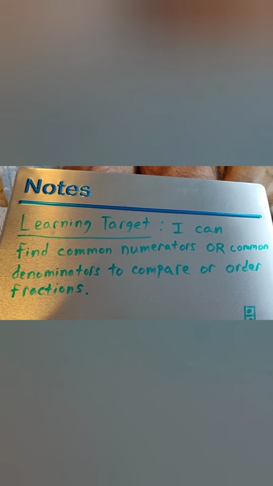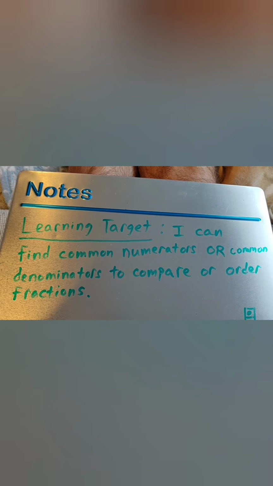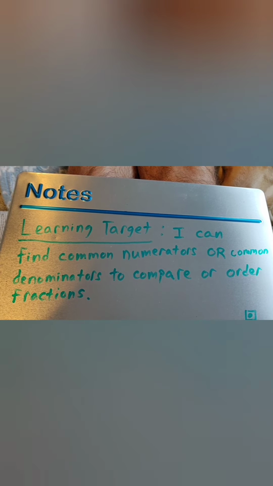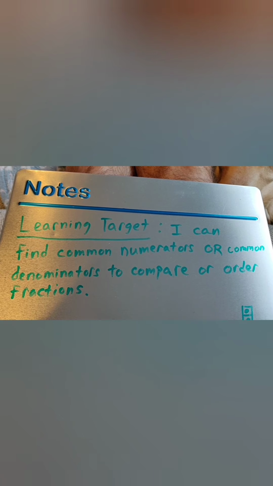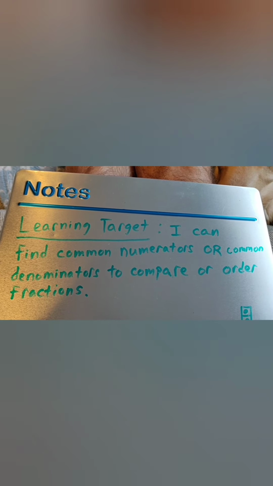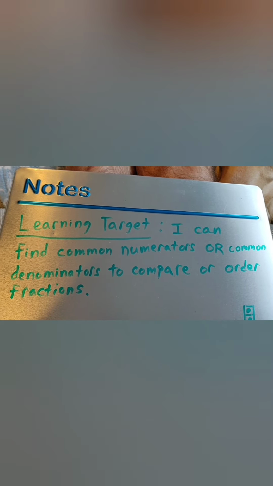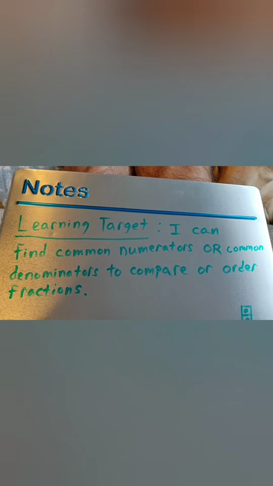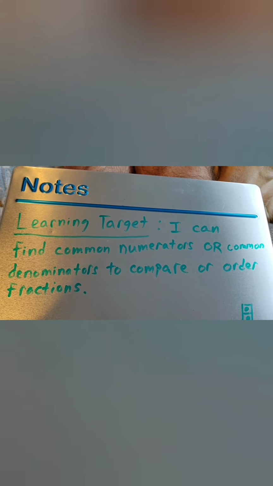I can find common numerators, meaning I could find fractions that have the same numerator. When I say I could find them, it means if they don't already have the same numerator, I can figure out how to express them as equivalent fractions. So they do have the same numerator. And let's think about that because last week we learned how to express fractions as equivalent fractions. And then it also says I can find common denominators.